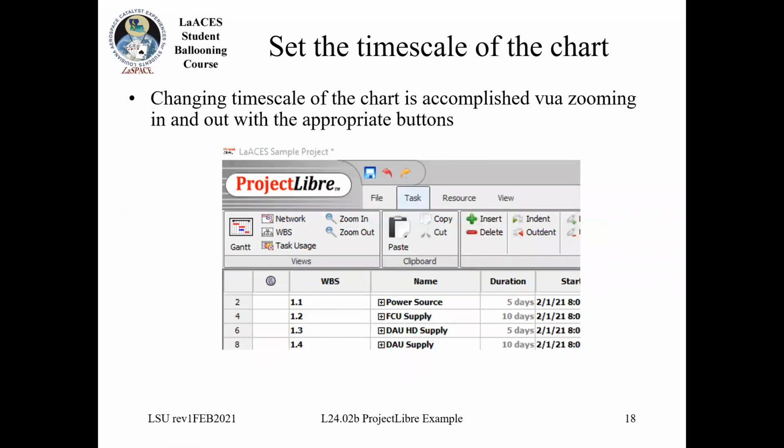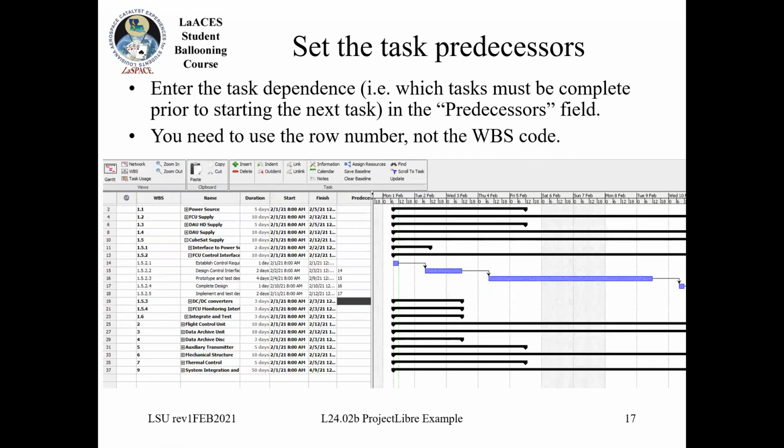One thing that's a little awkward about this particular software is you don't have very good control of zooming in and out of your timeline here. You can see here that I'm zoomed in pretty far. It's marked off in 4-hour increments, which means I can probably only see 1 or 2 weeks.